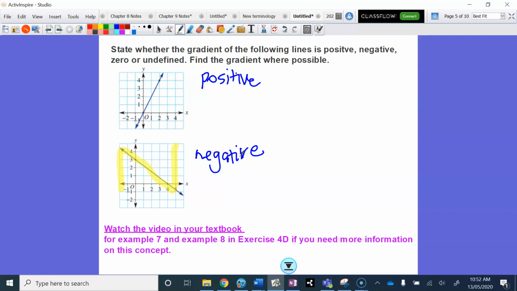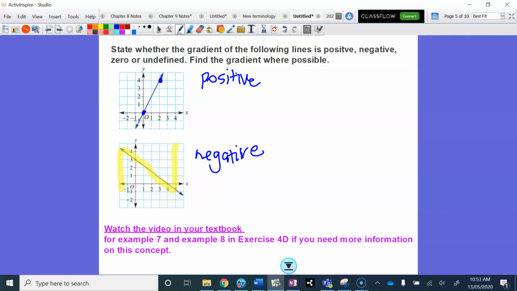To actually find the gradients, what we need to look for, once we know what direction they go, are they positive, are they negative, that's step number 1. The next step is to actually work out what is the number that represents how steep that line is. So in this particular case, the first one, I know a point at 0, 0, I can see pretty clearly, and I know a point at 2, 4, which I can also see pretty clearly.